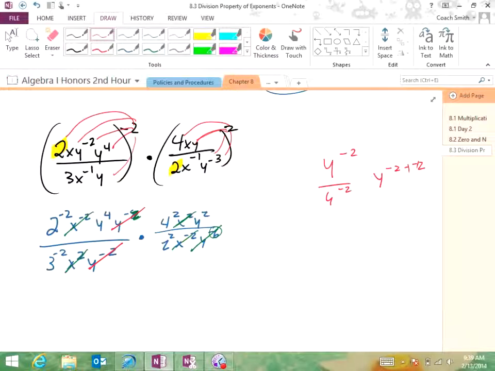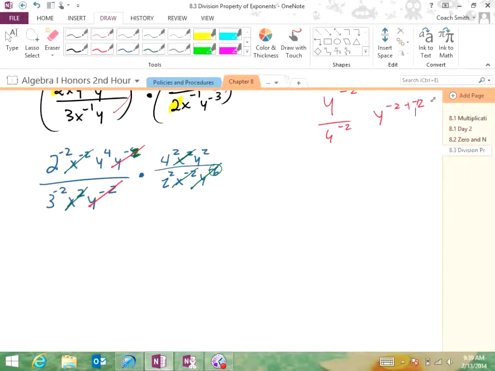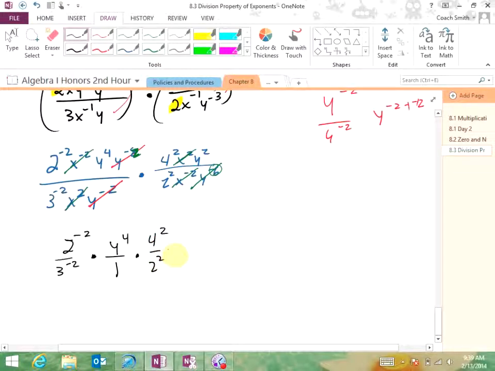Now, so what we have left, let's put what we have left. We have 2 to the negative 2nd over 3 to the negative 2nd times y to the 4th over 1 times 4 to the 2nd over 2 to the 2nd times y to the 2nd over 1. Now, these two right here, I just flip them.